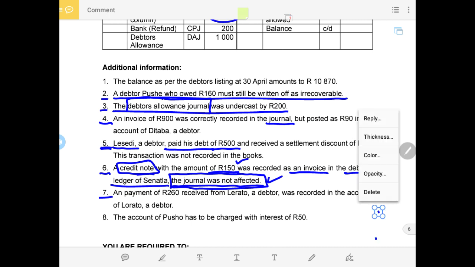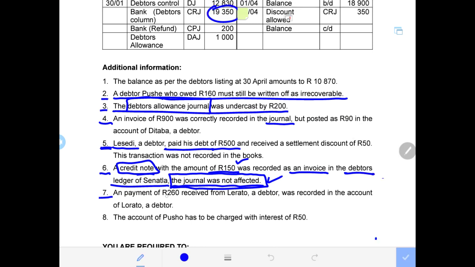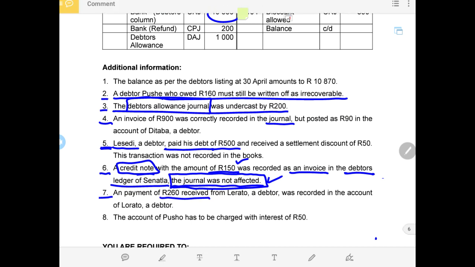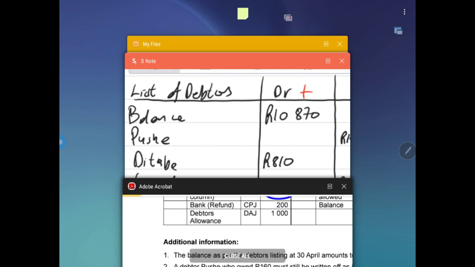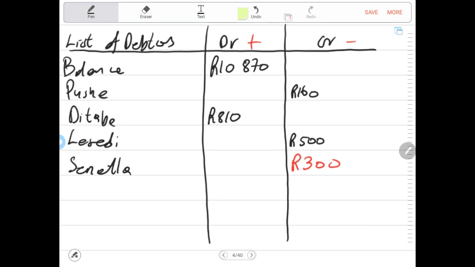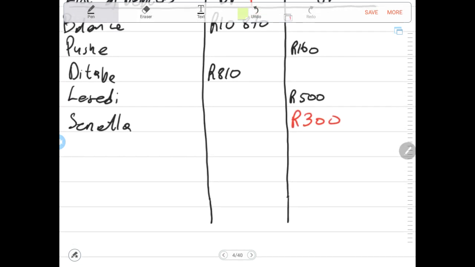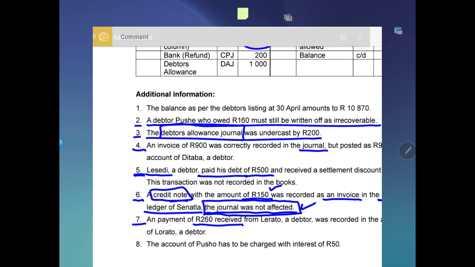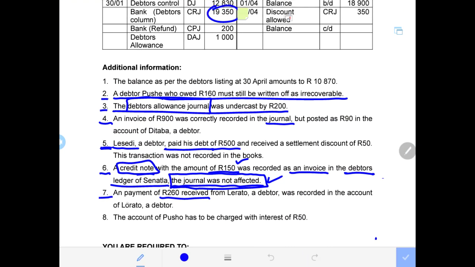Then we record. Now when we receive money from a customer, which side do we record it on? We record obviously on the credit side. So in other words, they recorded this on the credit side of the account of Lorato, assuming that Lorato paid.